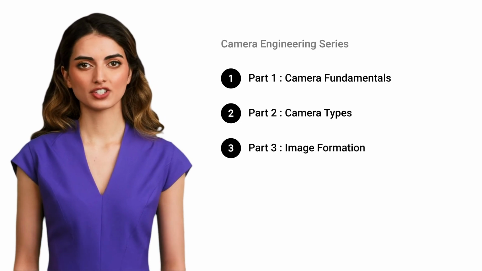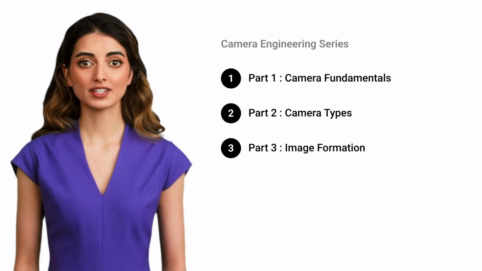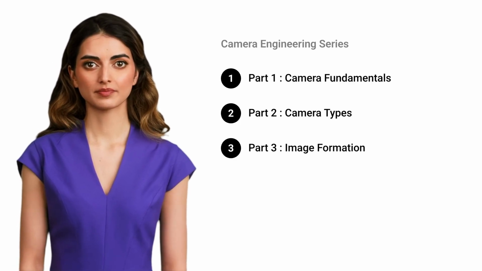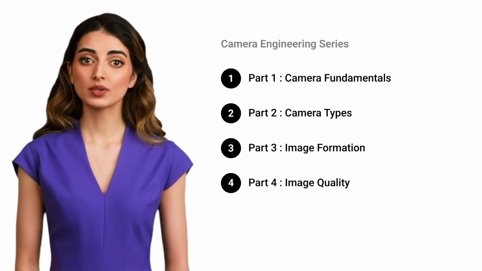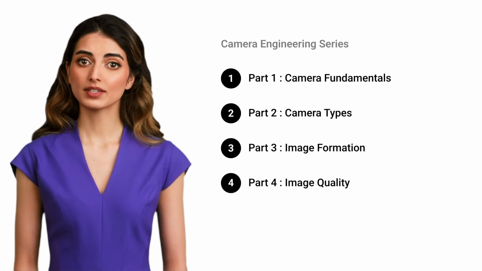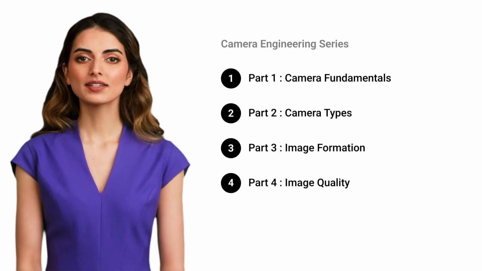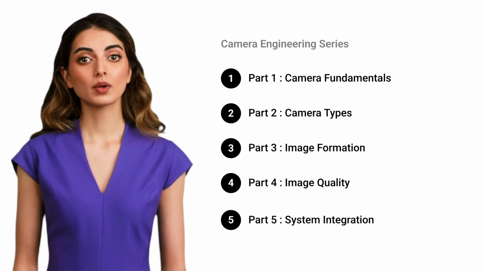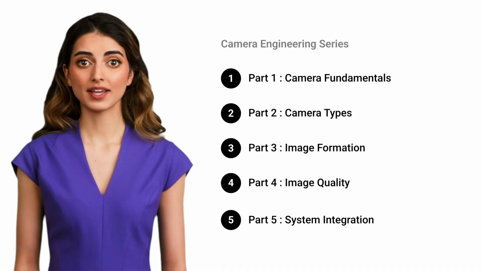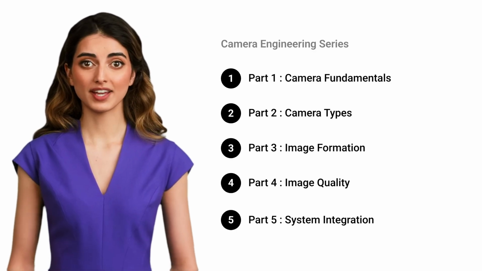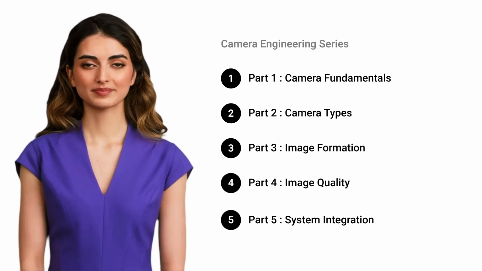Next, we have image formation, where we study topics like frame rates, exposure, shutters, etc. In the 4th part, we'll focus on image quality, covering the factors that determine how clear and reliable an image really is. Finally, we'll look at system integration, where we'll see how cameras are connected, configured, and deployed in real-world UGV applications. Let's get started.